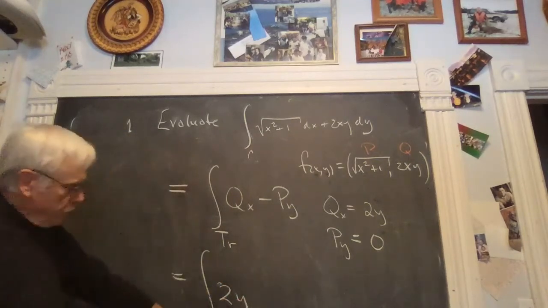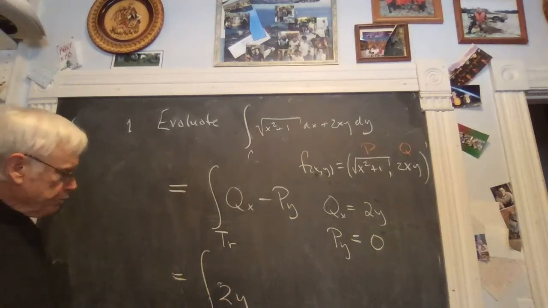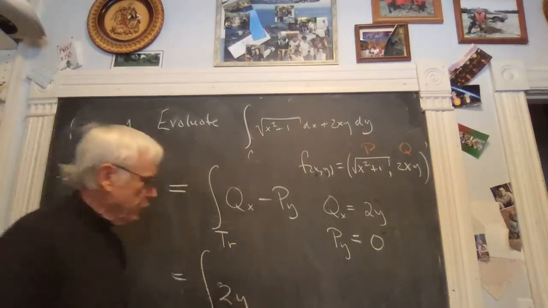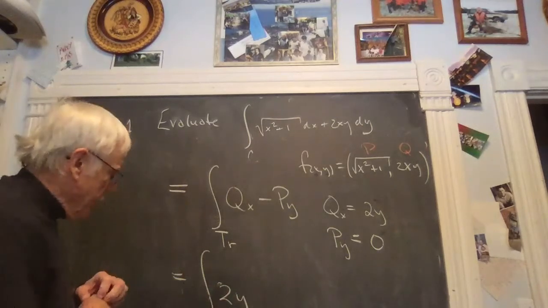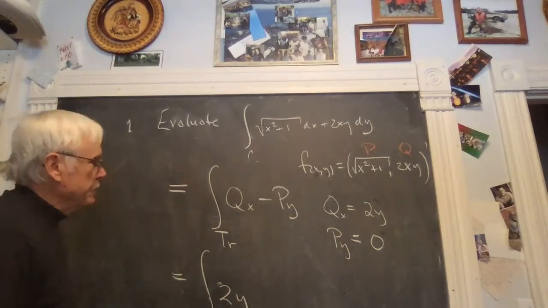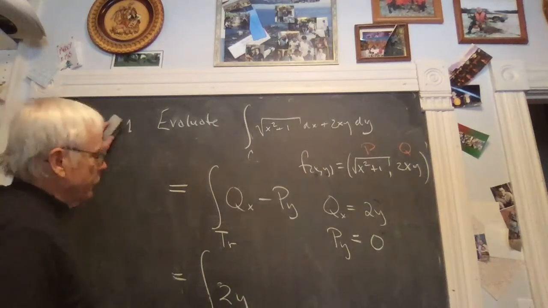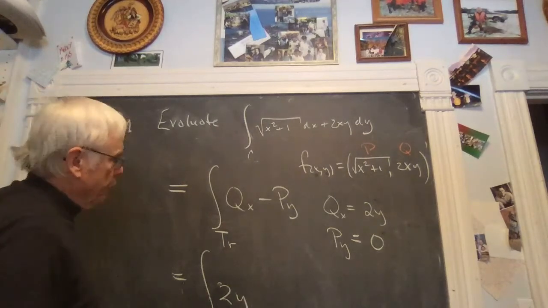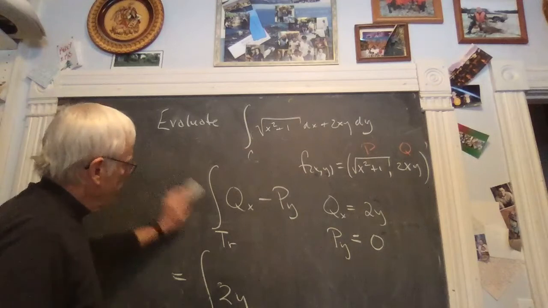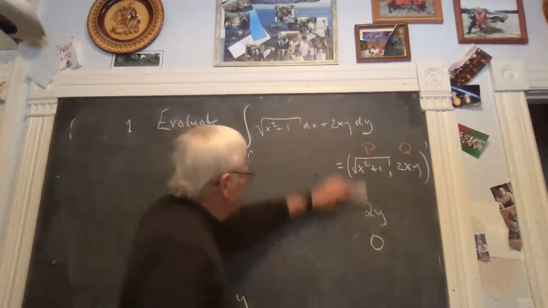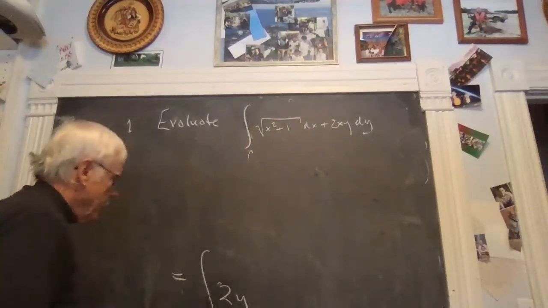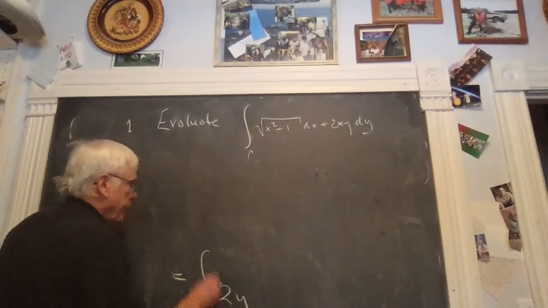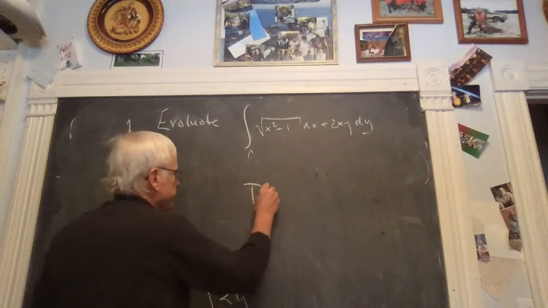This is a double integral because this is a region. You could write it as an iterated integral, or you can use Mathematica to compute it as a double integral. And I'll just use Mathematica to evaluate it as a double integral. So let me erase this part. In order to do that, we need to identify what the triangle is.